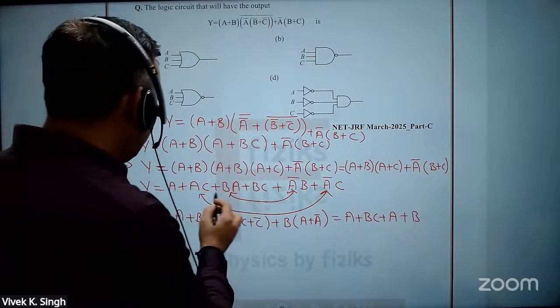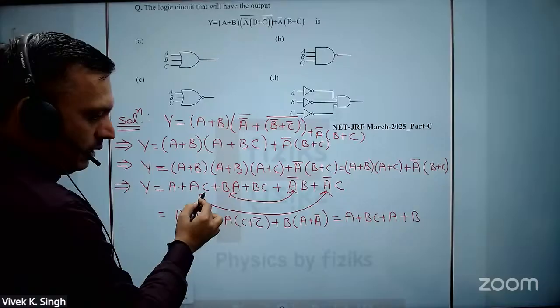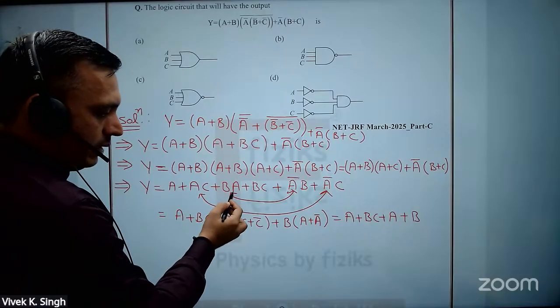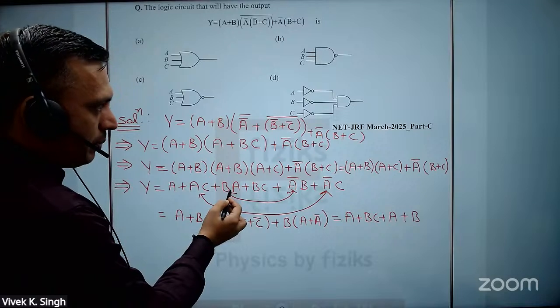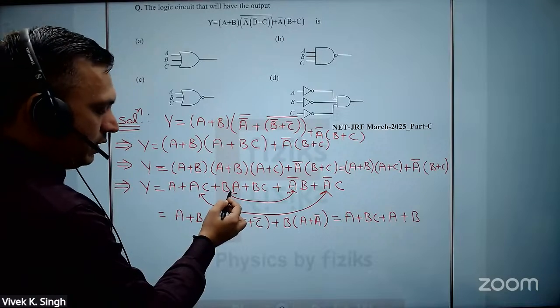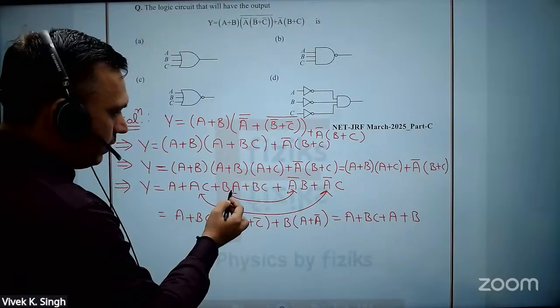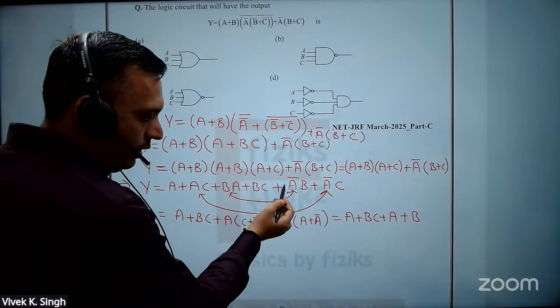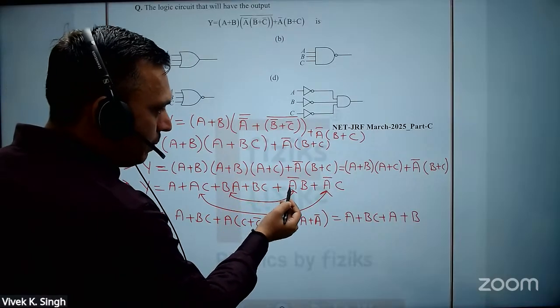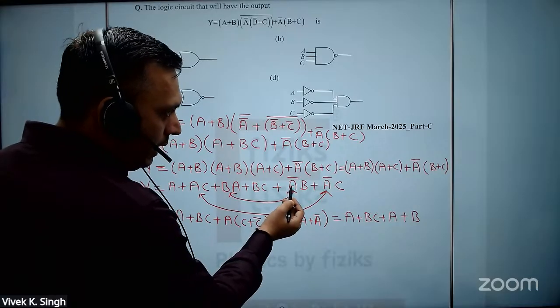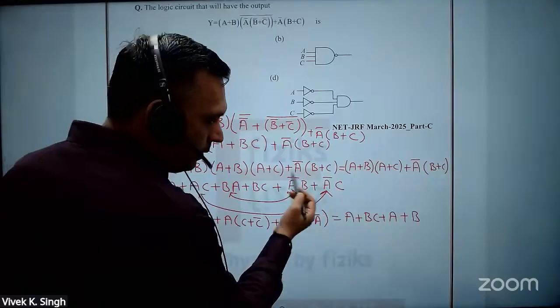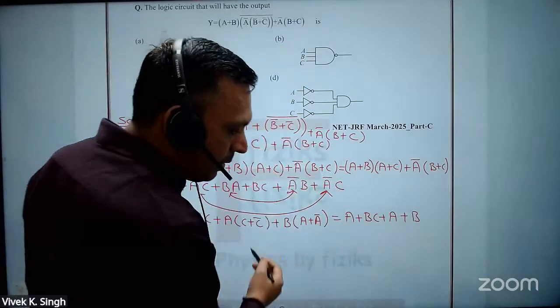This is A, AC, then you have BA. Here you have A bar B and A bar C. This is BA. Then you have BC. Then you have A bar B and A bar C, because this term is A bar B and A bar C.